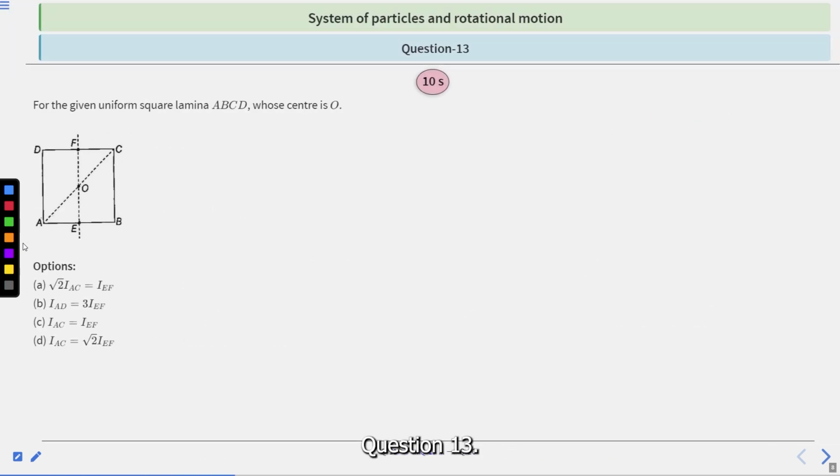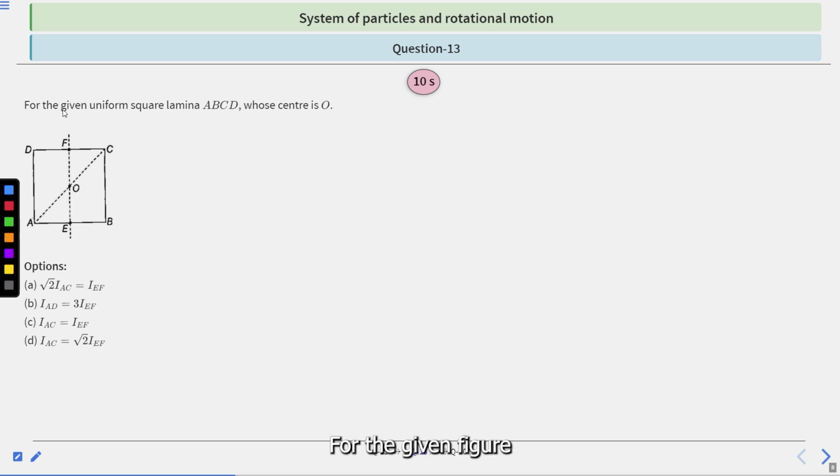Next question. Question 13. For the given figure, square lamina ABCD whose center is O. Which relation is correct for this figure?